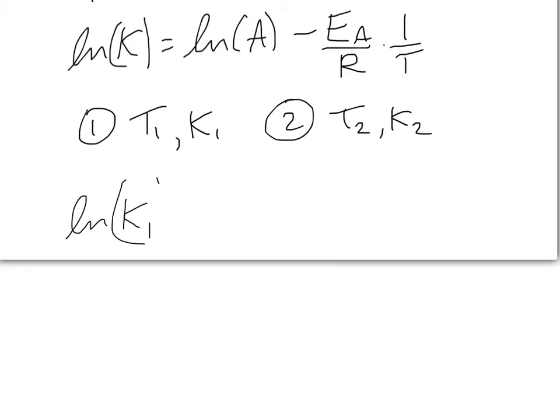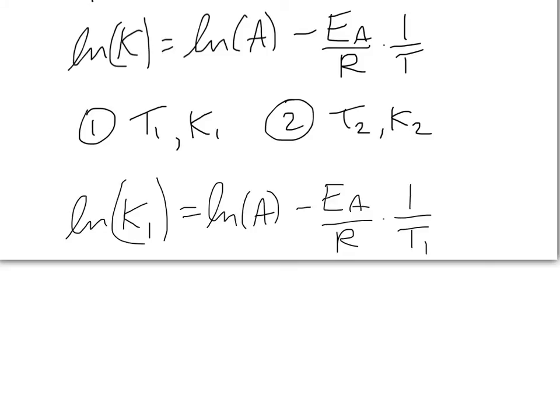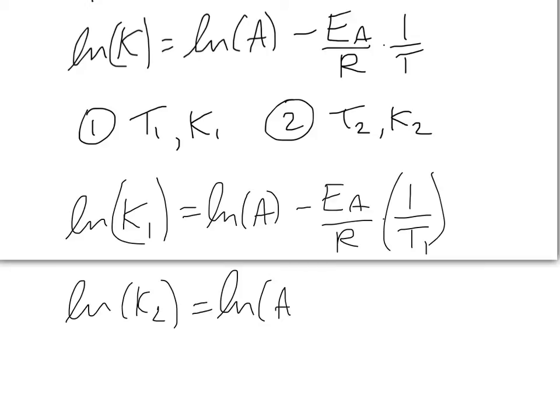So log of k1 is equal to log of the pre-exponential factor minus EA over R times 1 over T1. And we could do the same thing for the second condition. So log k2 equals natural log of A minus the activation energy over R times 1 over T2.